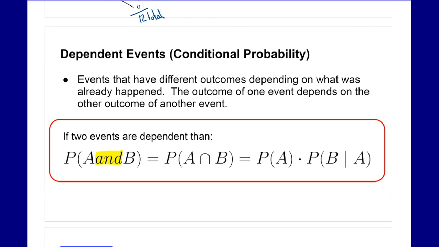The only difference now, when we're looking for the probability of A and B, is that we still multiply the probability of A, now multiplied by this notation here. This is basically just saying the condition.